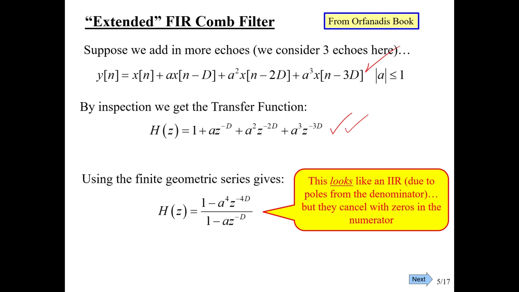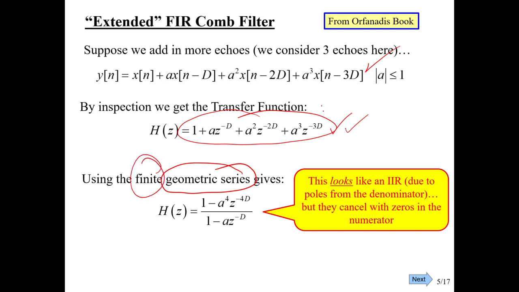So if we use the geometric series, now there's two forms for that. If you Google that and look it up, there's one form that says you've got a series of numbers that are added together that are related by successive powers, and we have that here. But for the finite geometric series, there's finitely many terms, and that will always be applicable.